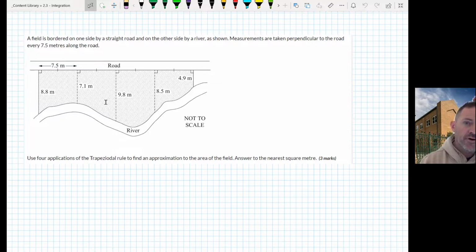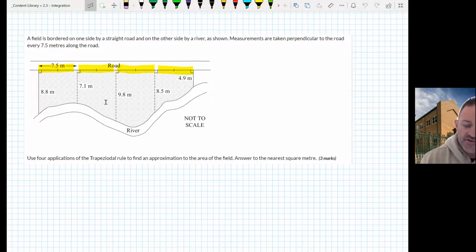A field is bordered on one side by a straight road and on the other side by a river, as shown. Measurements are taken perpendicular to the road every 7.5 meters along. Now that's important, right? That's 7.5, that's 7.5, that's 7.5, that's 7.5.